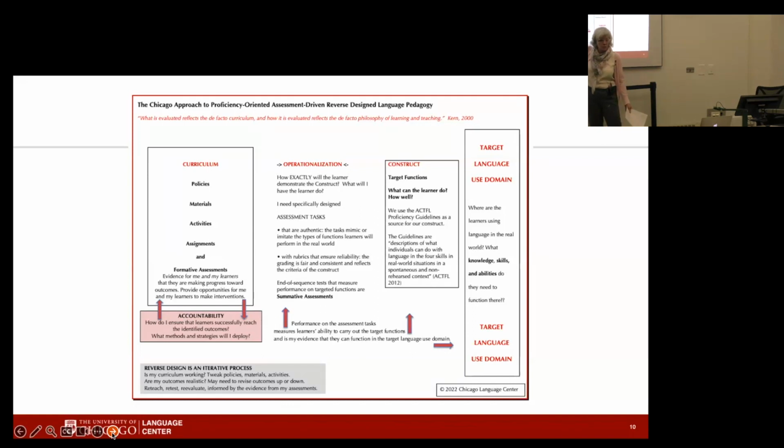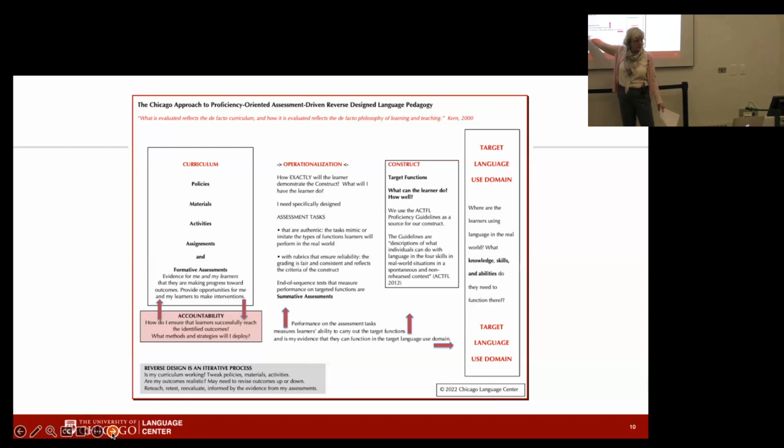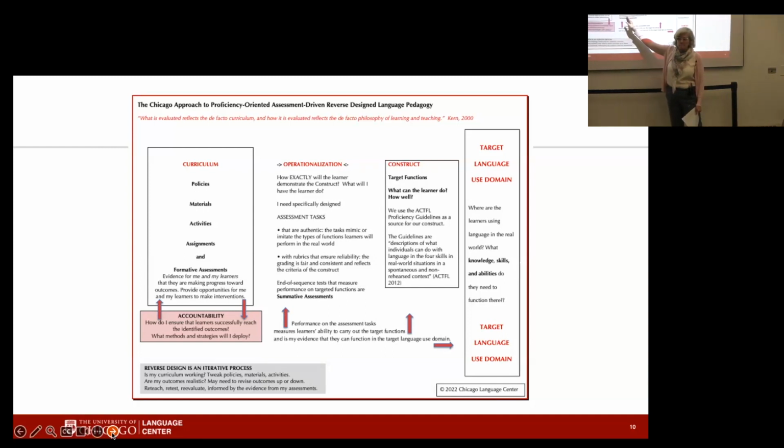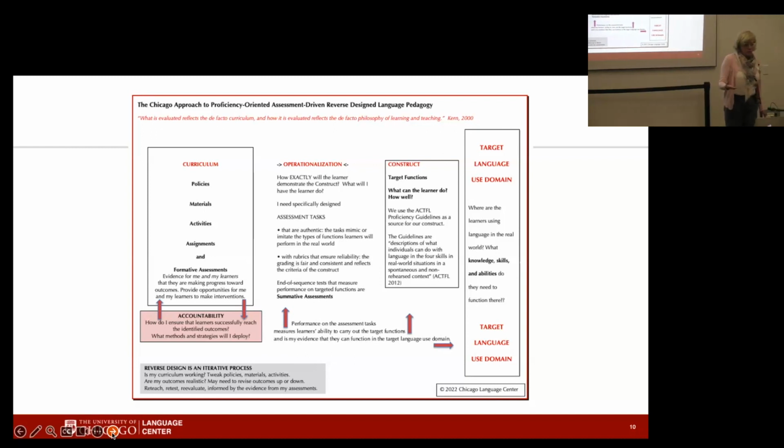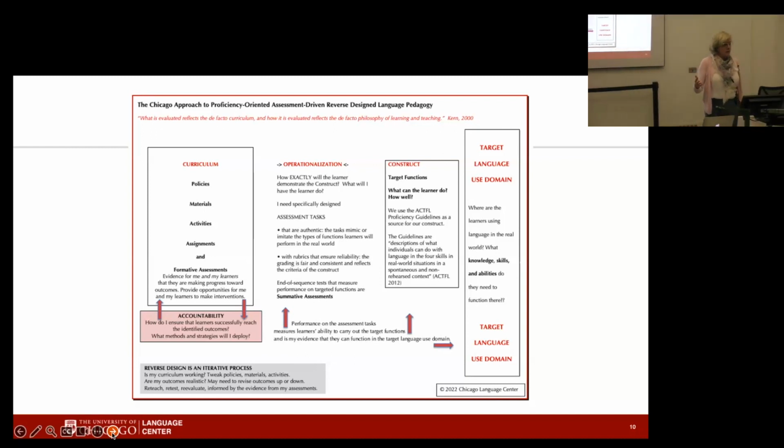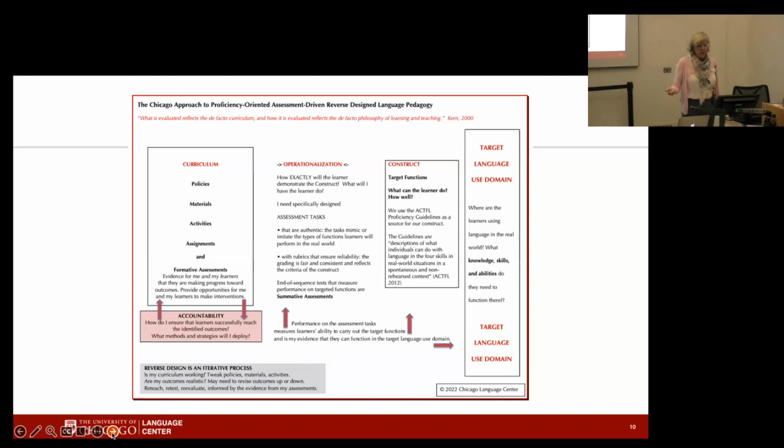There are a lot of ways to test intermediate speaking, and we are very, very precise about those kinds of test tasks. They're performance-based tasks. And also the way you operationalize a skill sends a message to your learners about what the skill is and how to prepare for it, right?